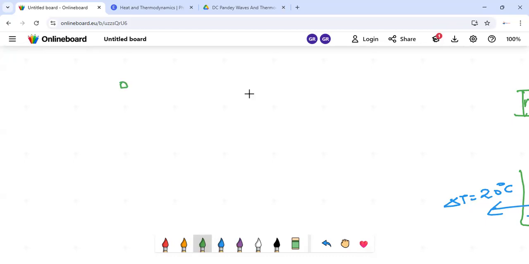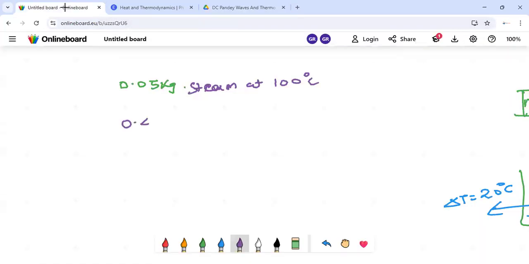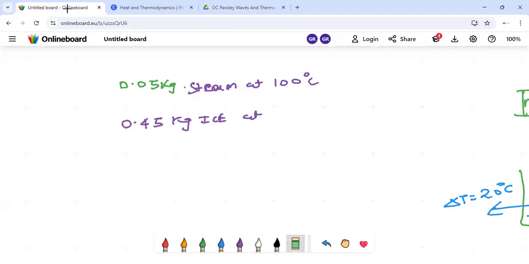Anyway, we have 0.05 kg of steam at 100 degree, 373 Kelvin, and 0.45 kg of ice at 253 Kelvin. So 253 Kelvin means minus 20 degree.